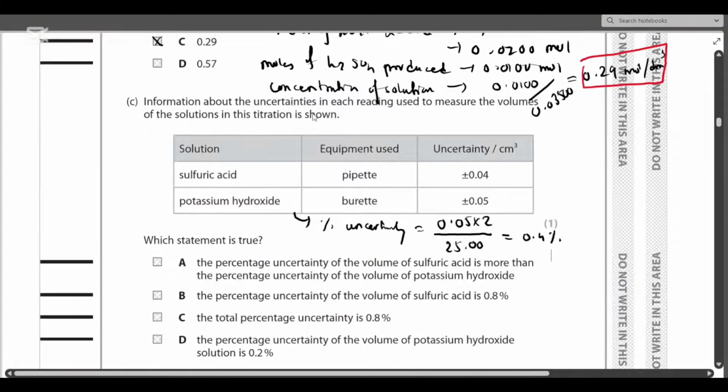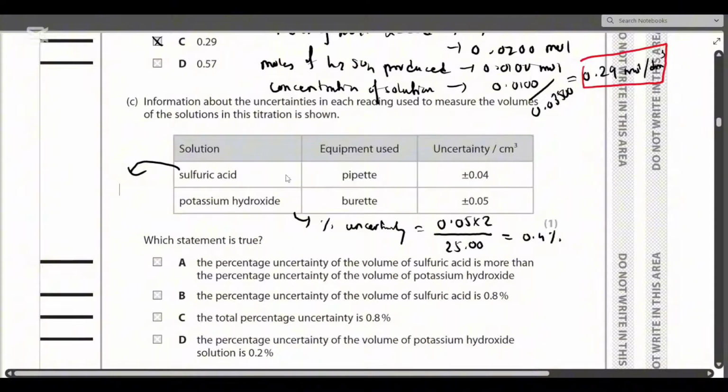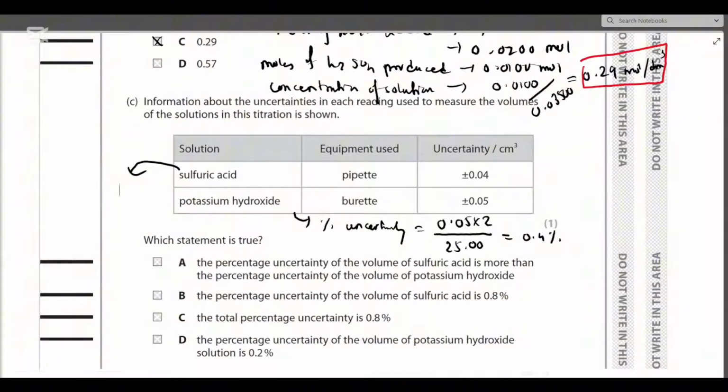Again, for the sulfuric acid, since the pipette was used just one time for transferring the sulfuric acid to the conical flask, percentage uncertainty is equal to 0.04 divided by the volume, which was 10 cm³ for H2SO4.